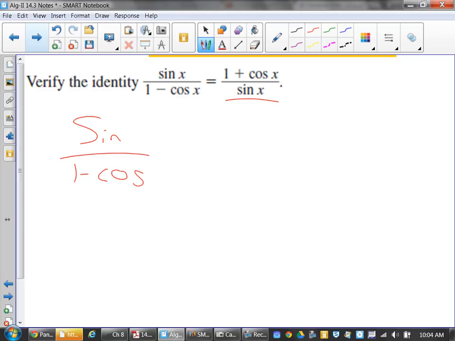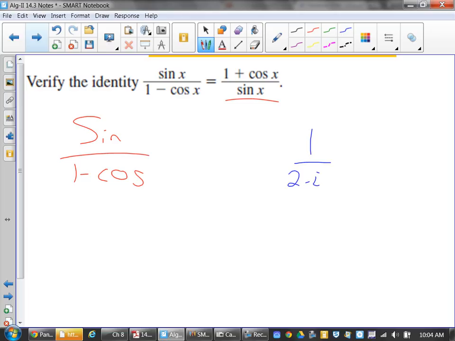Another way of simplifying things is, again, to multiply by conjugates. Same idea as back when we dealt with i's. If you had to simplify this denominator, what would you multiply top and bottom by? 2 plus i.